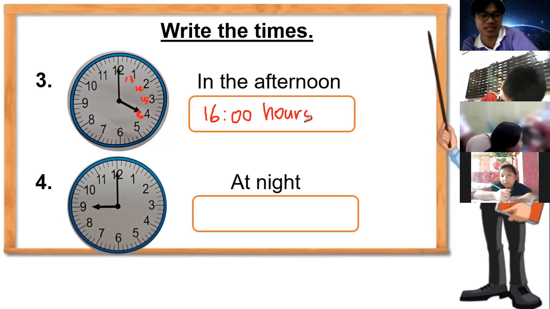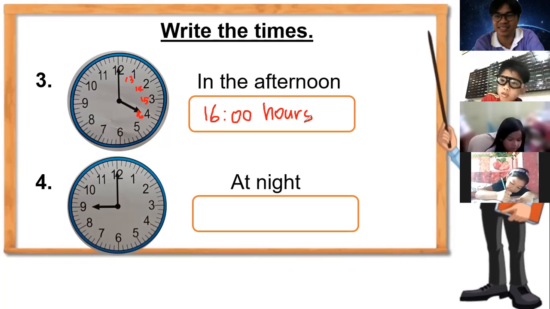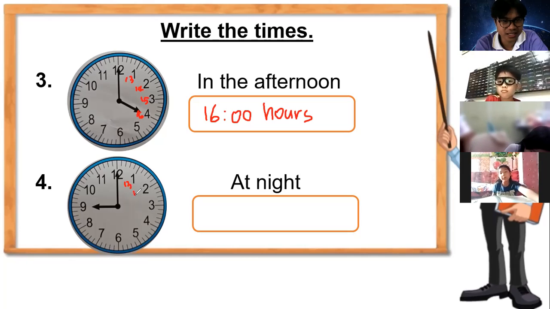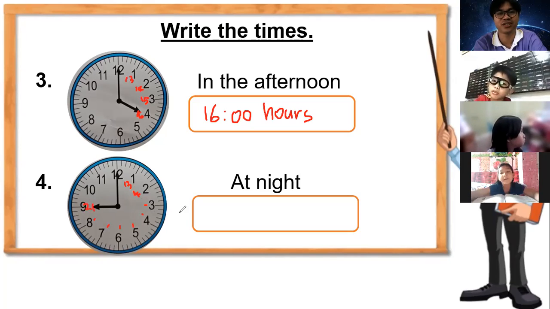1600 hours. Number 4, at night. What time is it? At night. So 13, 14, 15, 16, 17, 18, 19, 20, and this is 20, 21. Very good.